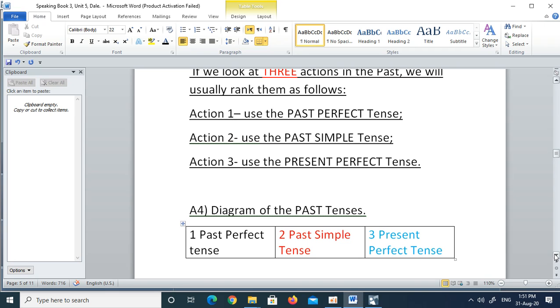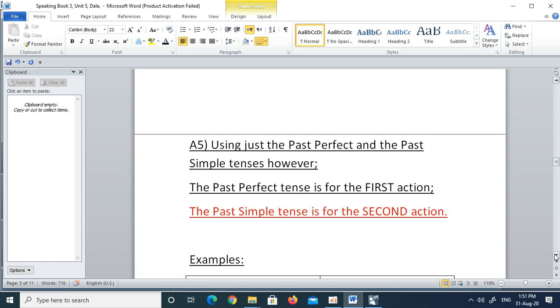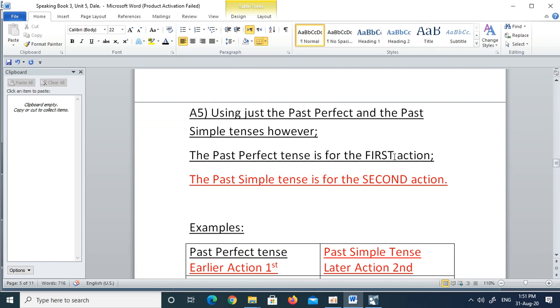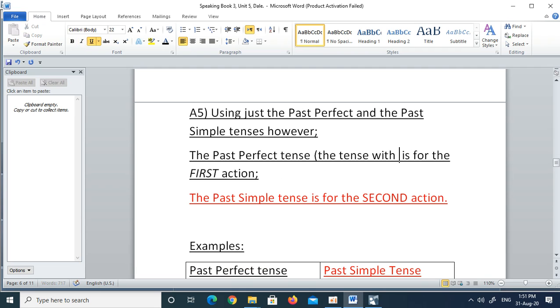But if we just use 2 tenses in the past, then we will use the past perfect tense, the tense with had, for the first action, and the past simple tense is for the second action.